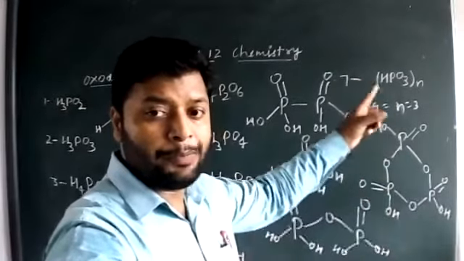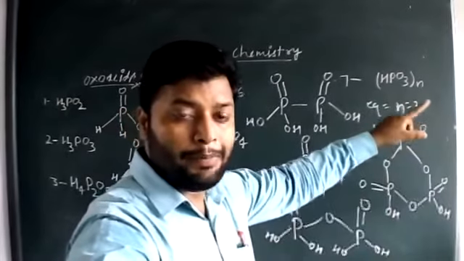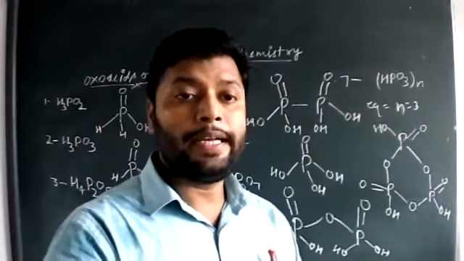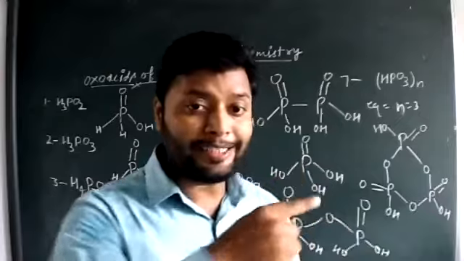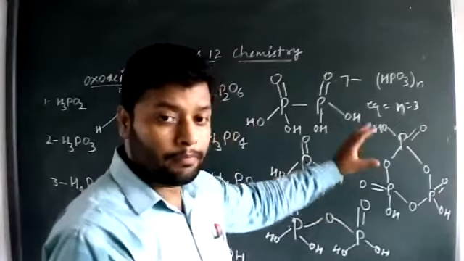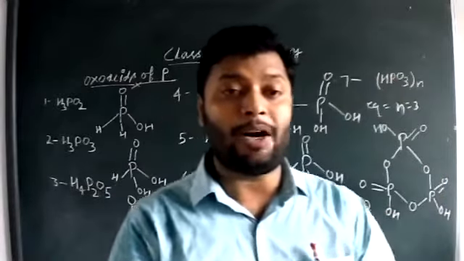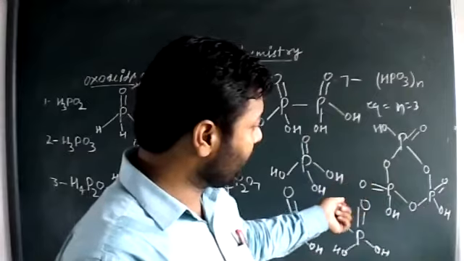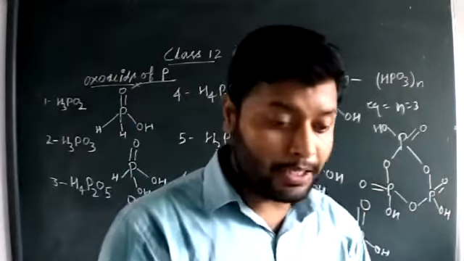This is called (HPO3)3. If there is more possibility, like 8 or 9 or 10, there will be a linear structure of this polymer, metaphosphoric acids. This is called cyclo-trimetaphosphoric acid.